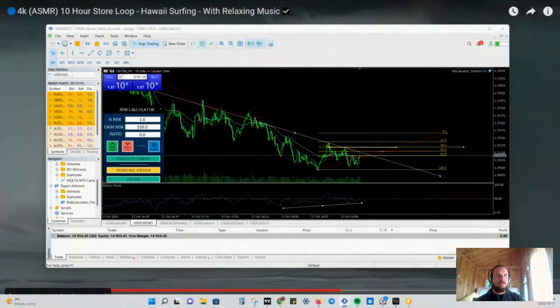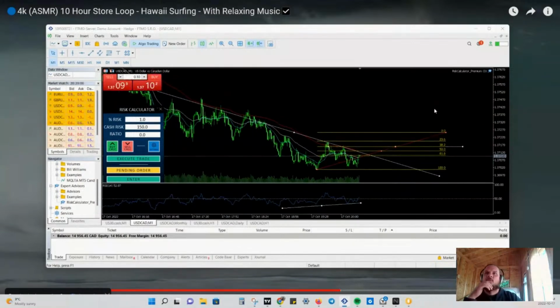Probably, in actual fact, that will mean this scenario is playing out. Now, of course, it can push to the 50 and get rejected.